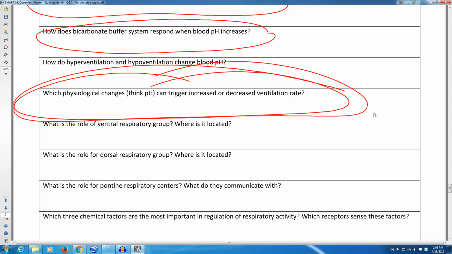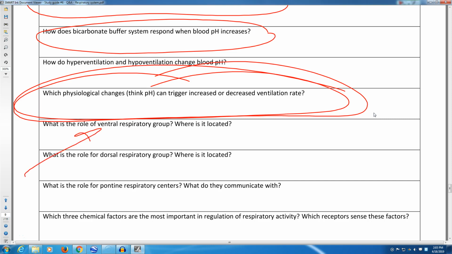So you exhale acid. You take acid from the blood and get it out. As you take acid from the blood, what happens to the acidity of the blood? Acidity goes down and pH goes up. Okay? So review the pH scale.